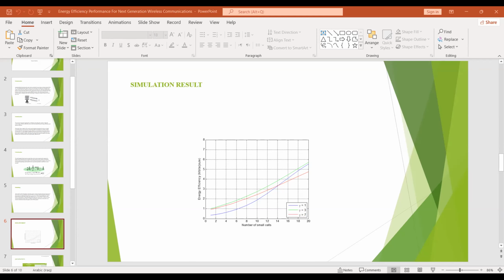So in figure one here, you will see the energy efficiency with the varying number of small cells, to determine the effect of changing the number of small cells, especially on energy efficiency. This work compares two main configurations for 5G energy efficiency.